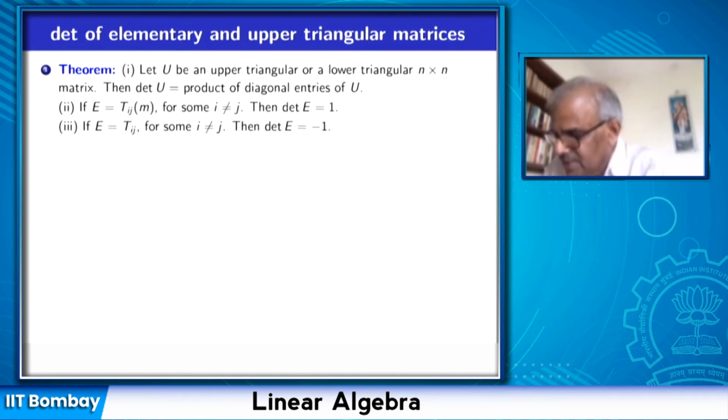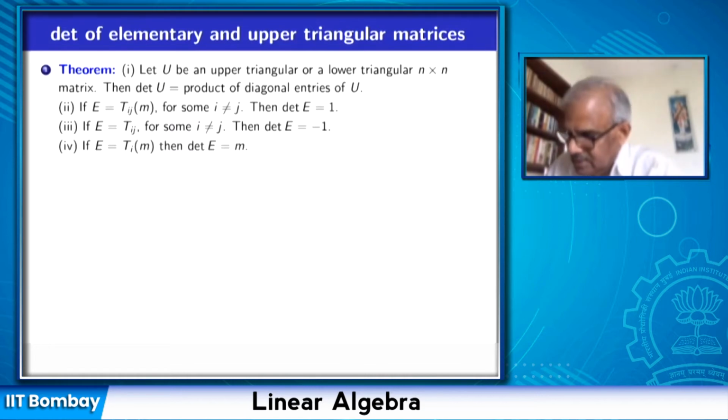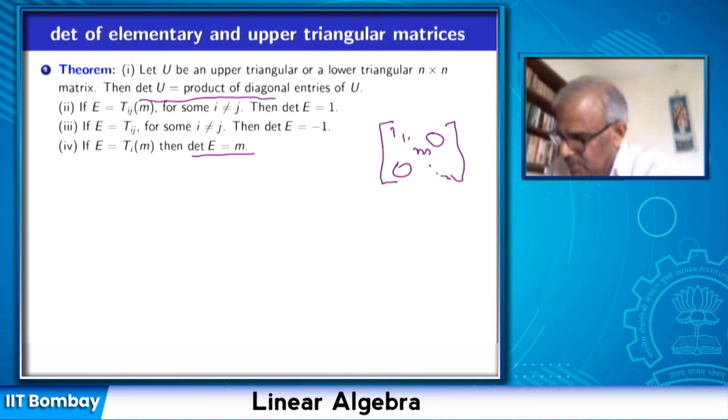This is clear from the alternating property. Then look at the row operation where we multiply the ith row by a number m; its determinant is m. This matrix is upper triangular, with the ith row multiplied by m and the other diagonal entries 1. So if we prove that the determinant of an upper triangular matrix is the product of diagonal entries, then this will follow.